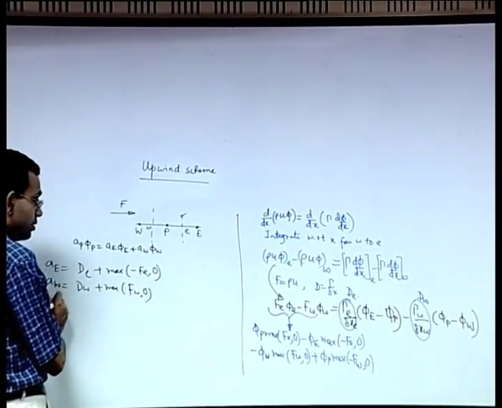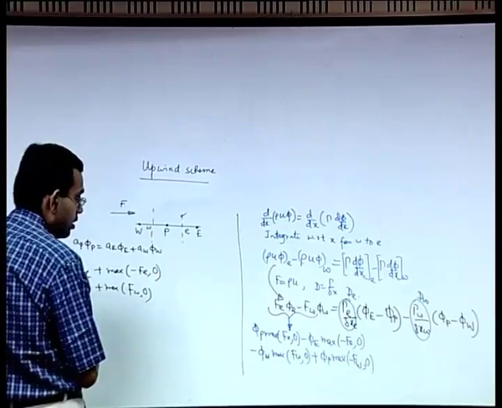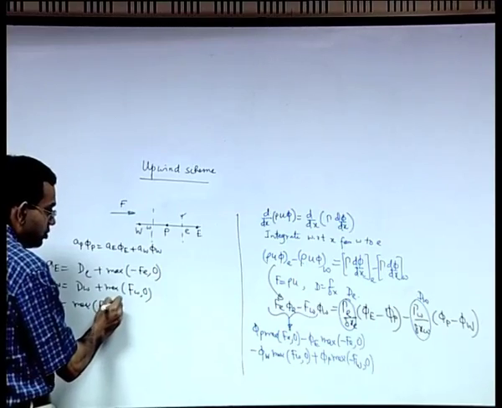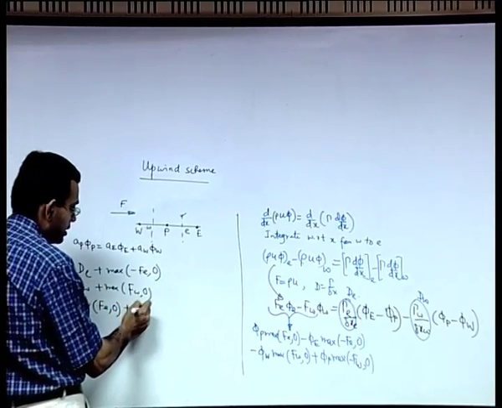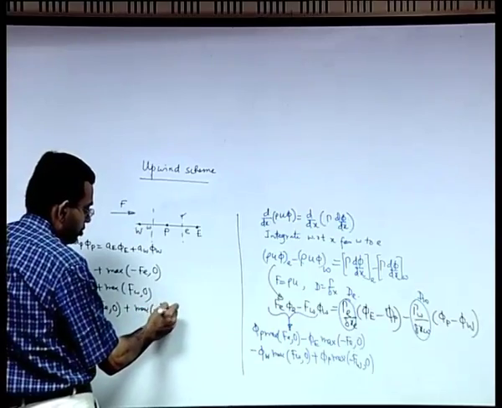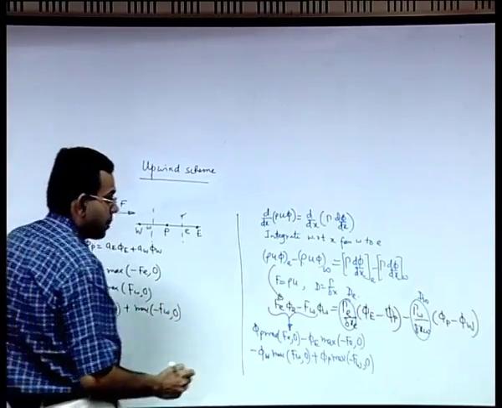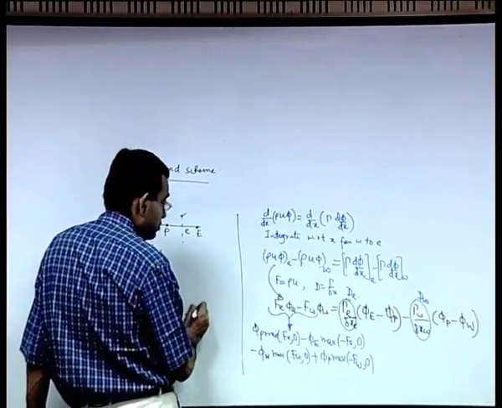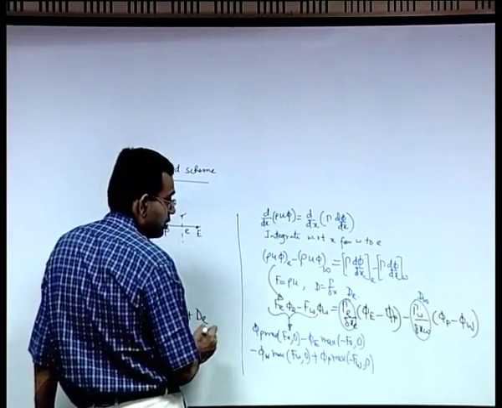What is A_P? max(F_e, 0) plus max(minus F_w, 0) plus D_E plus D_W.